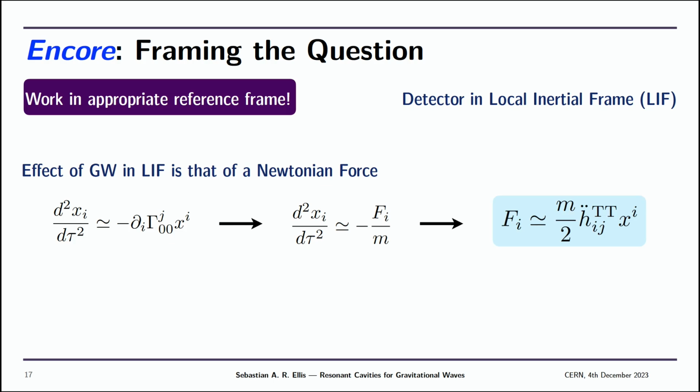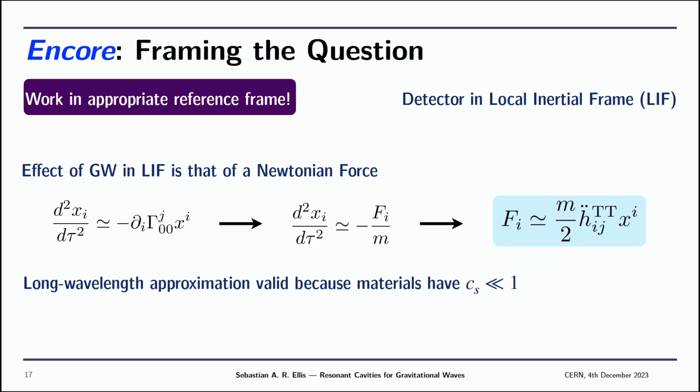So when I calculate what these Christoffel symbols actually are, it just looks like I'm exerting a force on an object, and it's therefore going to be accelerating, and that force is just given by this expression here, where I'm expressing the metric in the TT frame, even though I'm working in the proper detector frame. And you'll remember that I can do this because Riemann is invariant at order h. It only changes at order h squared when I change between different frames.